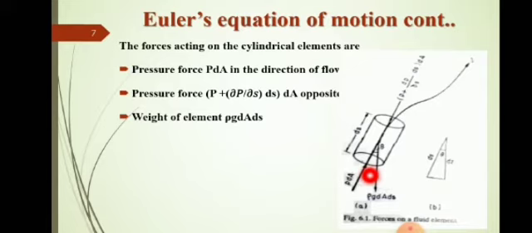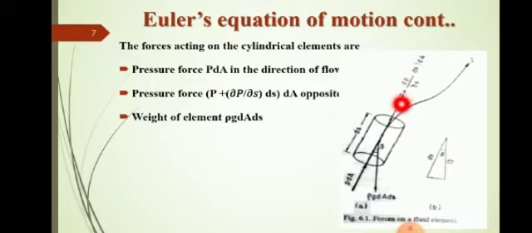Then what will be the pressure force? We know that pressure is equal to force by area, so pressure force will be equal to pressure into area. P is the fluid pressure and dA is the area of cross section of the fluid element. So the pressure force will be P into dA in the direction of flow, or in the S direction. Now consider the pressure force acting at the other end of the fluid element, which is opposite to the direction of flow.